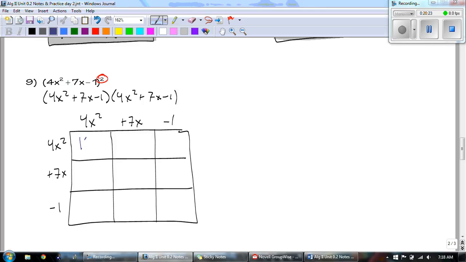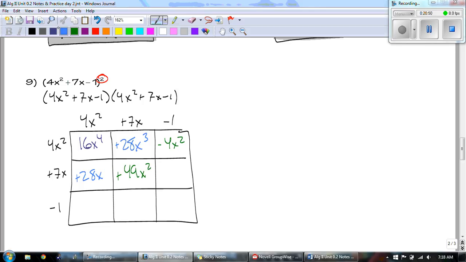Okay, 4 times 4, we get 16x to the 4th, and we add the exponents. 4 times 7, 28x cubed. 4 times negative 1, negative 4x squared. Don't forget your variables. Okay, so I'm just going to kind of go through and multiply these out. 7 times 7, we get 49x squared.